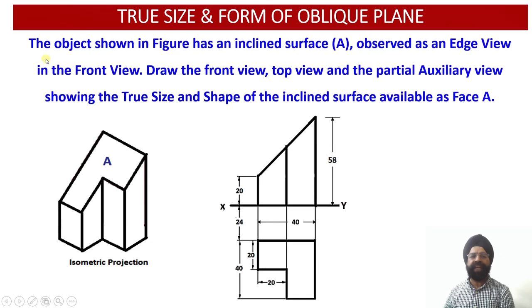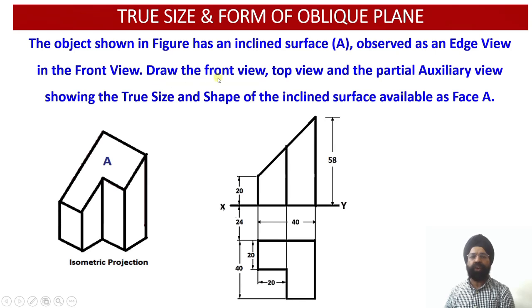The statement reads as: the object shown in the figure has an inclined surface A observed as an edge view in the front view. So this is the section surface A which appears as an edge view in the front view orthographic projection.